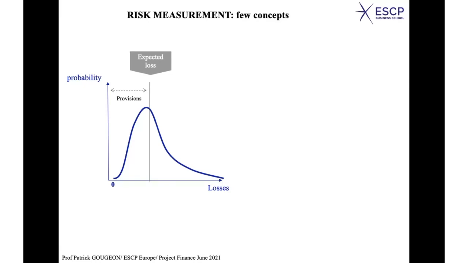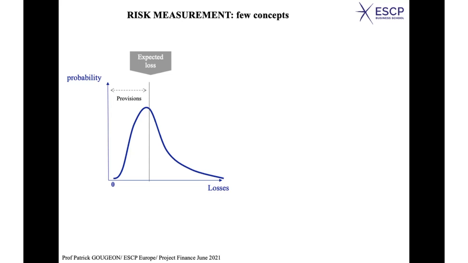And when you have a large number of people, you are like an insurer, and you can have a rather precise estimate because the distribution would have a narrow variance, a small standard deviation or a small volatility, okay? But with a project, which is a unique risk, not part of a vast portfolio, you have a curve of losses, and the expected loss is not quite meaningful, okay?